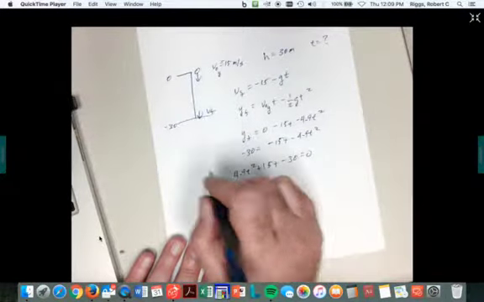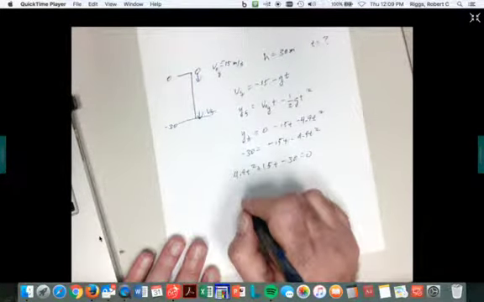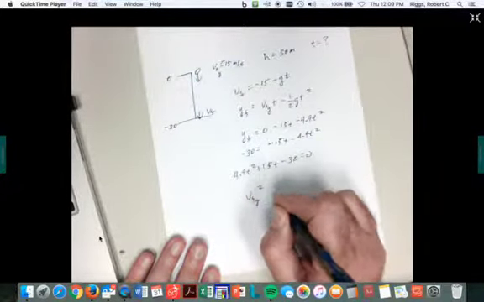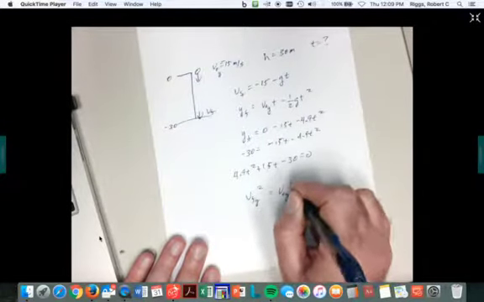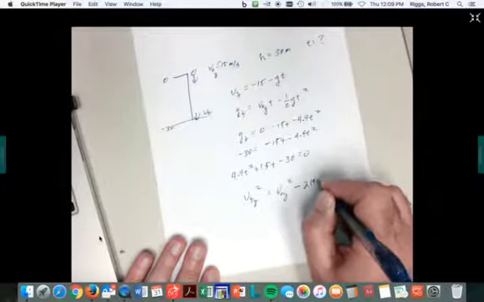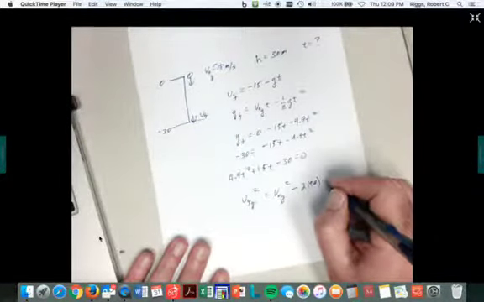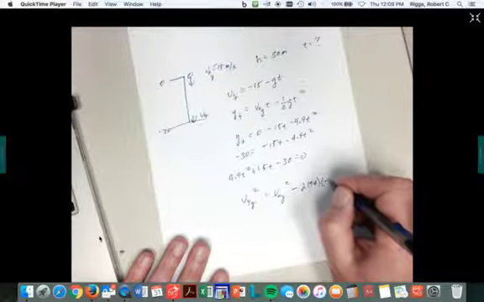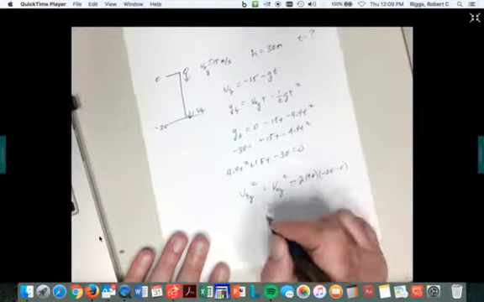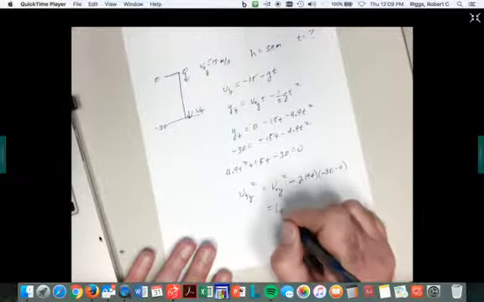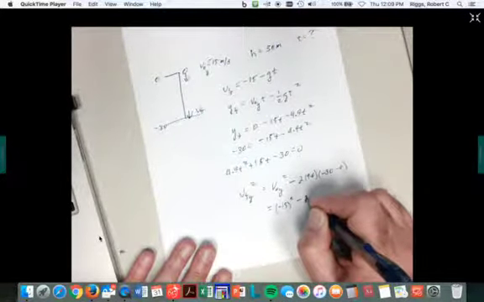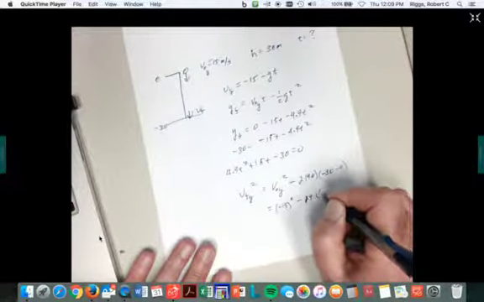So here's the other thing we could use. Oh, hey, I know this guy. V final y squared is equal to v naught y squared minus 2 times 9.8 times (y final minus y initial). So I wind up with minus 15 squared minus 19.6, which is just 2 times 9.8, times minus 30.